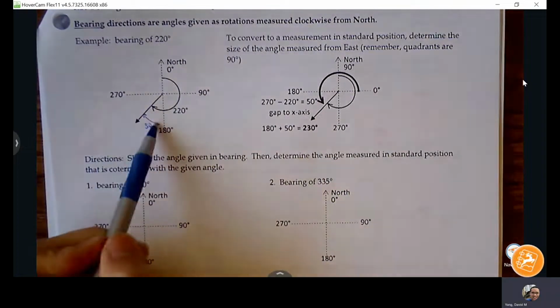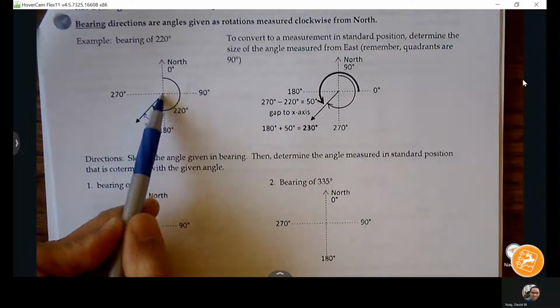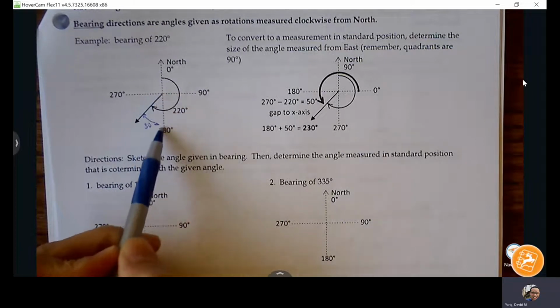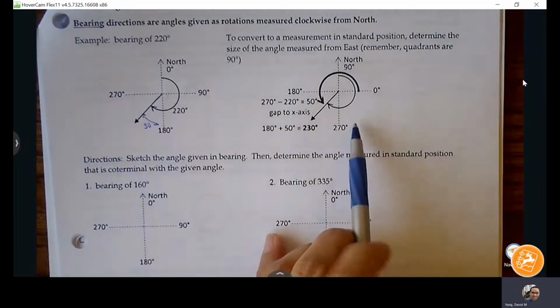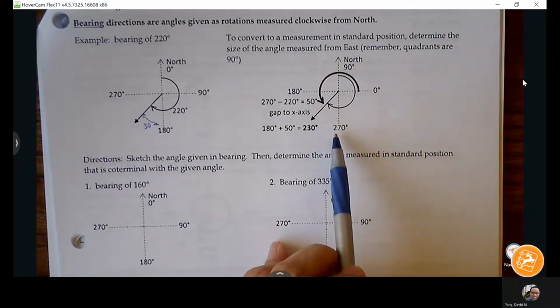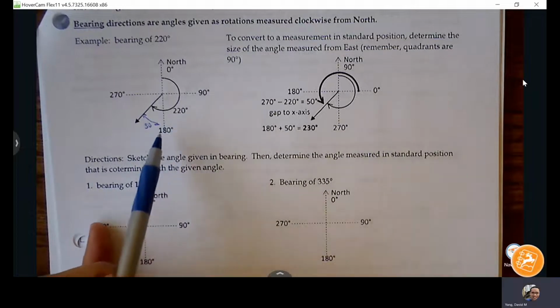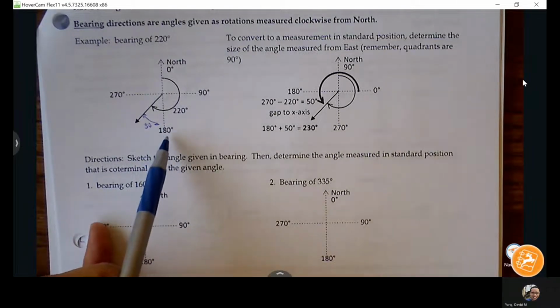And if we know that it is 50 degrees from the y-axis heading south, then we know that's really 270 minus 50. Let me see here. I'm sorry, not 50.